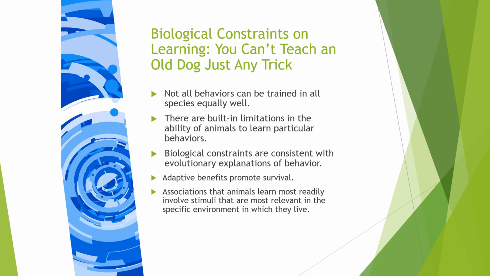So the associations that animals learn most readily involve stimuli that are relevant to the specific environment in which they live. And that's to say whether you're talking about dogs or cats or fish or primates or humans, right?